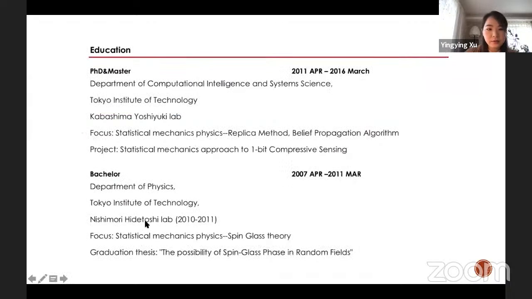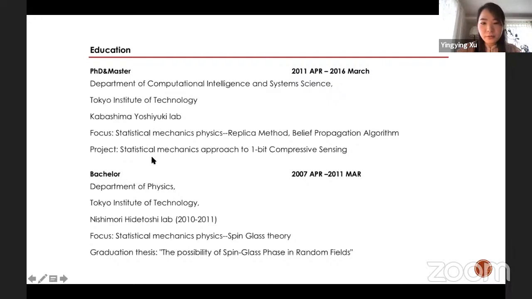My education background is I did all my university education in Tokyo Institute of Technology. First, I joined the physics department, and my thesis was supervised by Professor Hidetoshi Nishimori. Then I went to Kabashima Yoshiyuki lab.